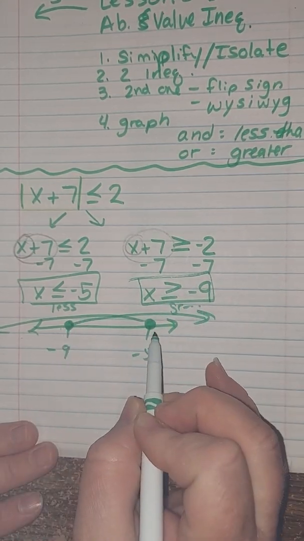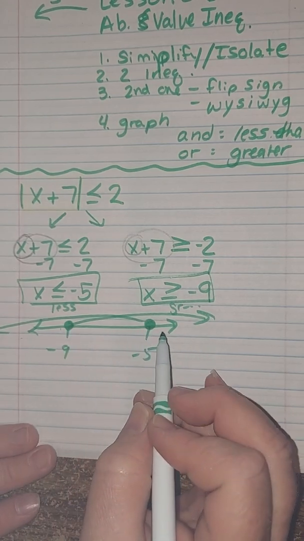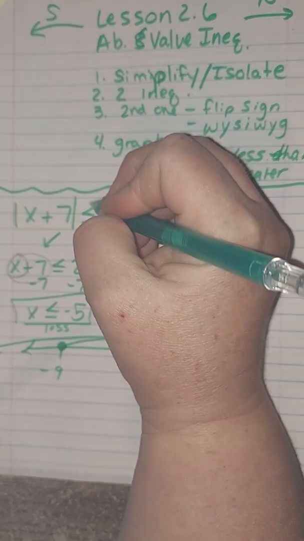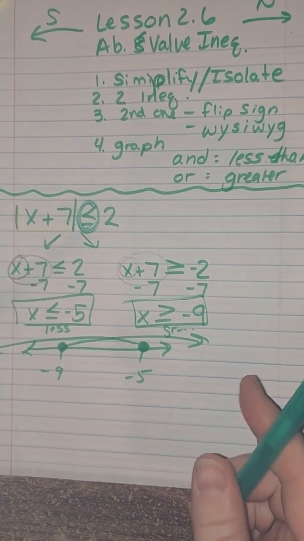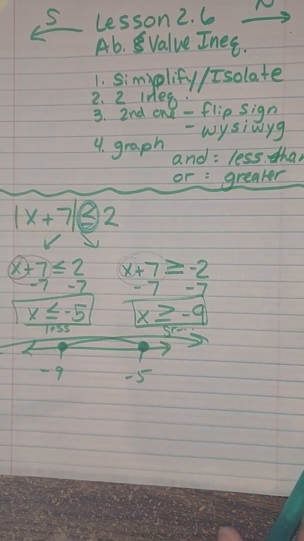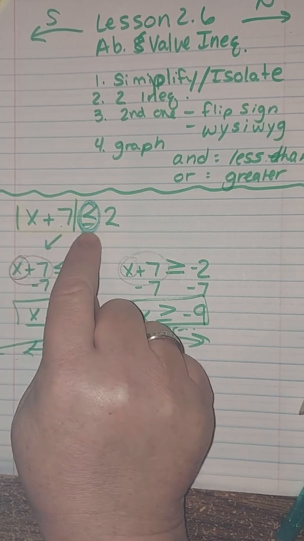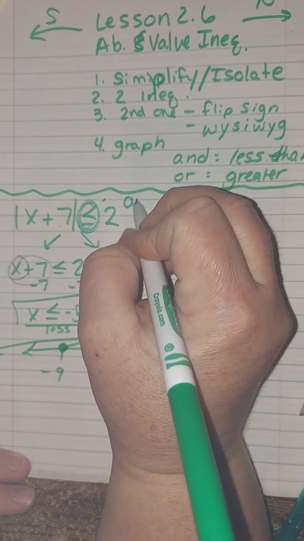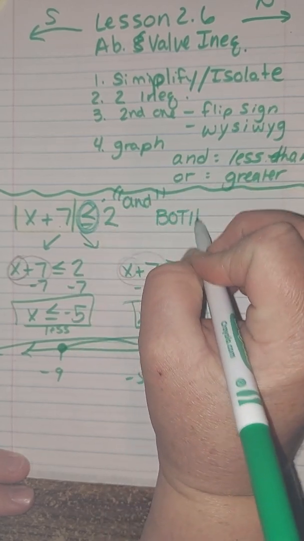Now it crisscrosses, right? So before you go and grab these in between, let's go back up to the top and identify, is this an and or an or statement? Do I want to shade what they have in common? Well, this is x plus 7, the absolute value is less than, oh, it is an and statement, which means you have to satisfy both.